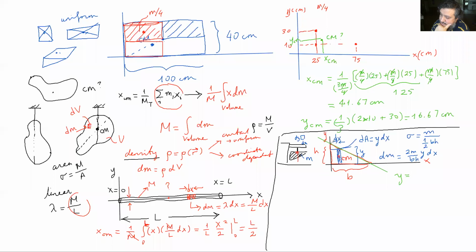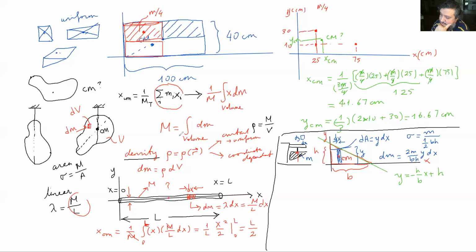So this y has an intercept, which is h. Okay, it's like y equals mx plus b, right? B is the intercept. So I'll need h there, and then the slope will be negative h over b. So y is equal to negative h over b times x, and the intercept is h.